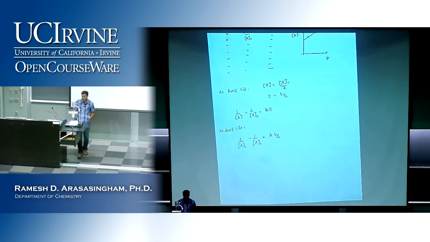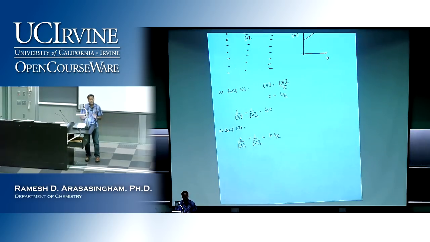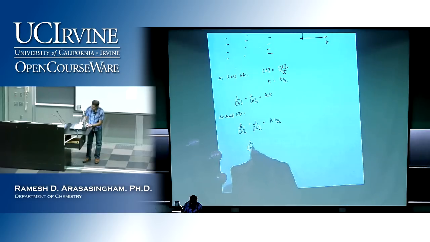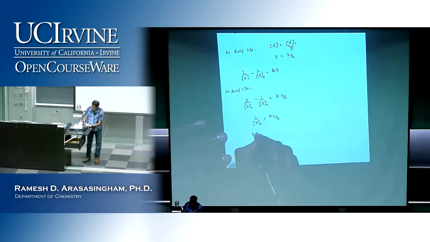All right, so all I've done is taken the equation that we derived and replaced it with these terms because we're looking at half-life. And you can see that if I subtract this from that, what I end up with is 1 over A0 equals K T half. And therefore, sorry, we want T half. So T half equals 1 over K times the original concentration.